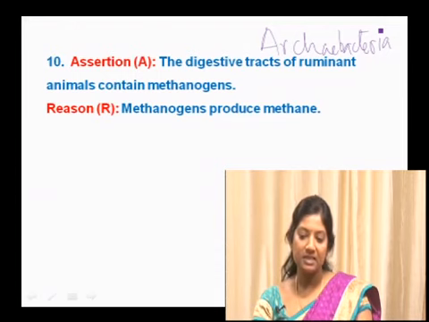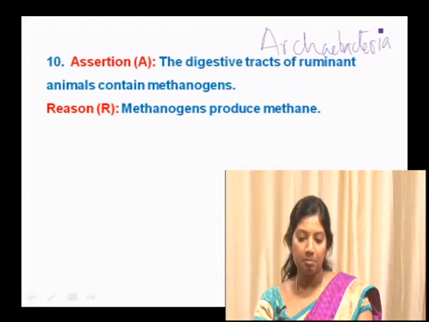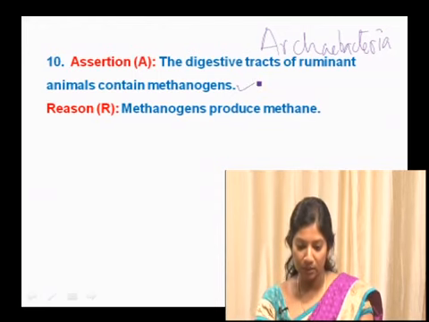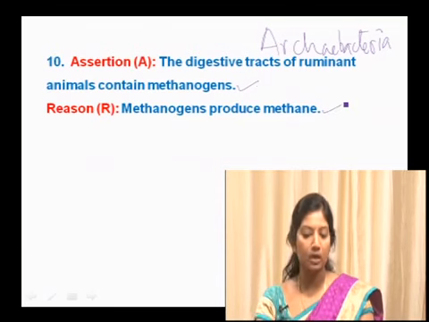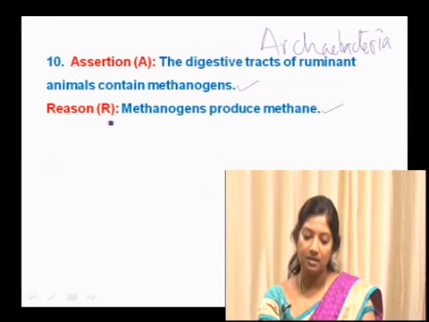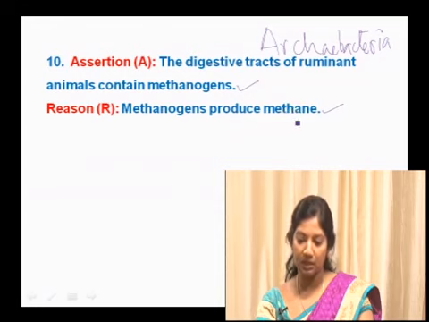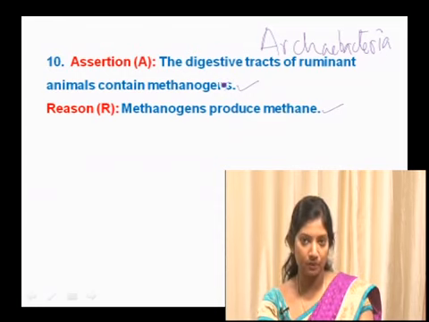Assertion: the digestive tract of ruminant animals contains methanogen. This is actually a correct statement. Reason: methanogens produce methane. This is also a correct statement. But this second statement has to be a reason for the assertion, and methanogens produce methane is not the right reason to support this assertion. Why?